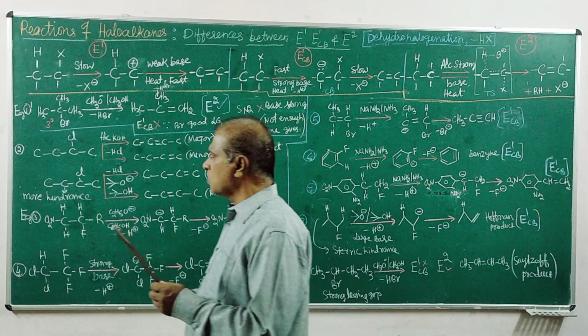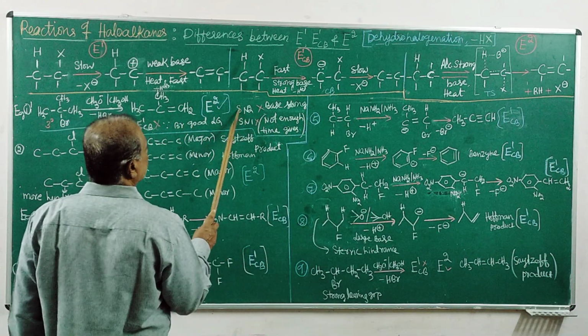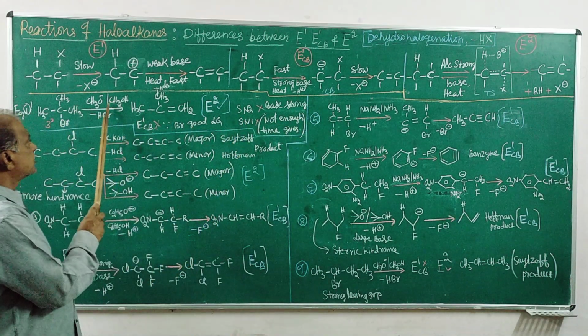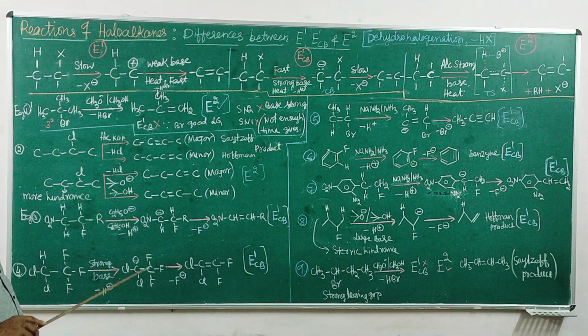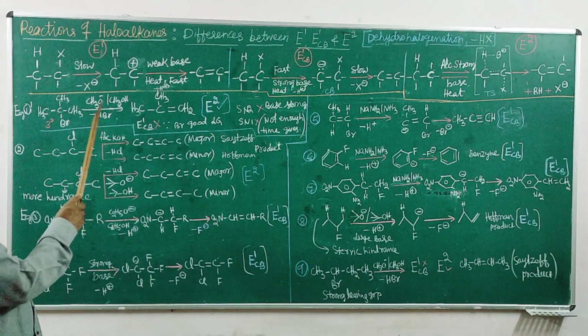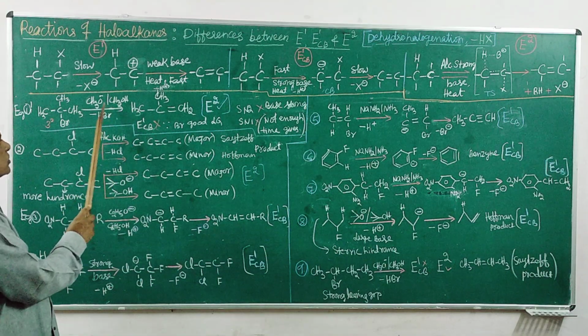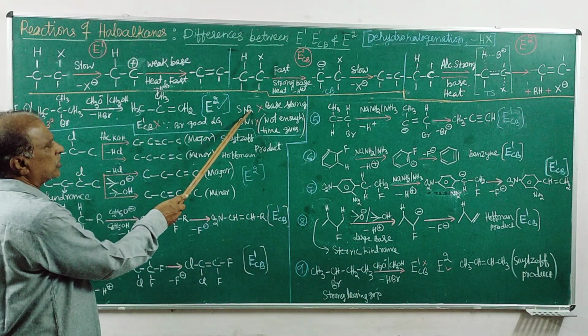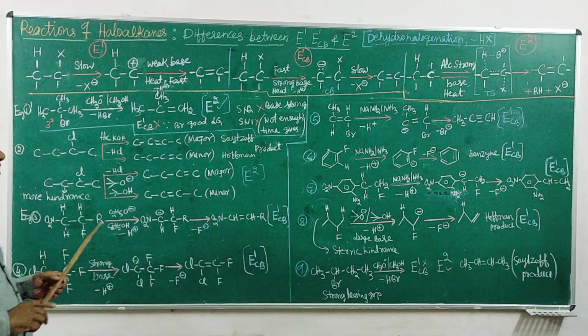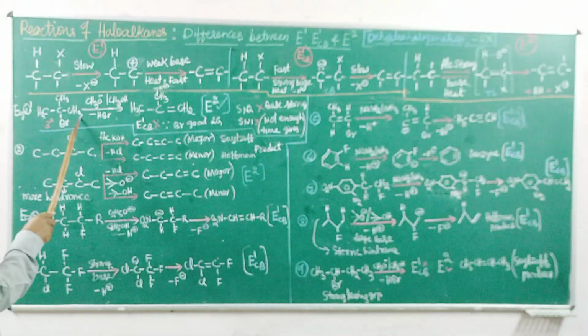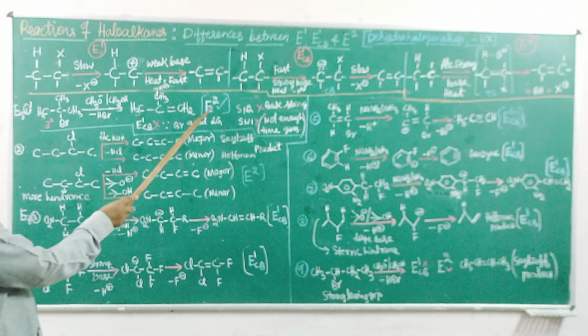Let us take nucleophilic substitution, SN1 and SN2. The base is strong, but it is non-aqueous, alcoholic. Therefore, SN1 and SN2 cannot be the mechanism. The final option is the E2 mechanism.